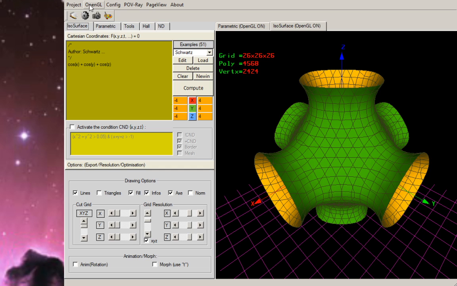Let's see if we can project new. Activate the condition.